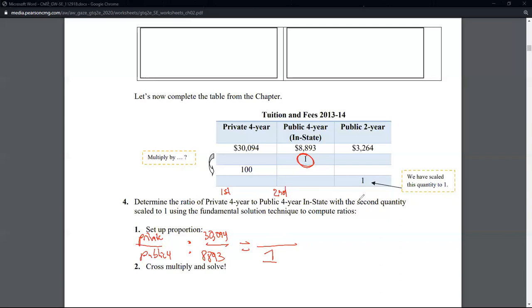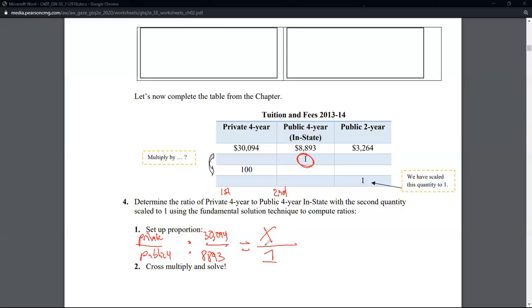If they said to scale the first quantity to 1, then the 1 would go in the top. Because they said to scale the second to 1, the 1 goes in the bottom because the public 4-year is the bottom. Now, if you wrote public 4-year over private, that would change your game. Then the 1 would go in the top. But you don't put the 1 under the 30,000 because the 30,000 related to the 8,800. Now that means our x goes here. Then you can cross multiply and solve.